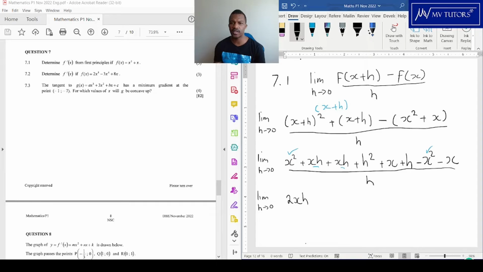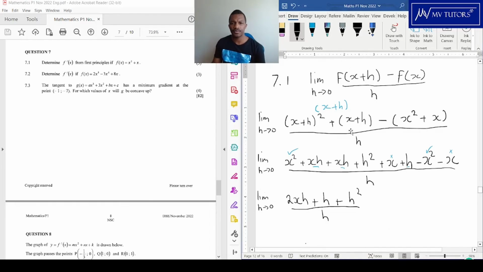Before I go to h squared, I've got an x here and a minus x here. They cancel each other. And then I've got just a normal h here. It's the only one, so I'll write that one. It doesn't cancel. And then I've got an h squared. Now that covers everything. I think we've dealt with everything on top.